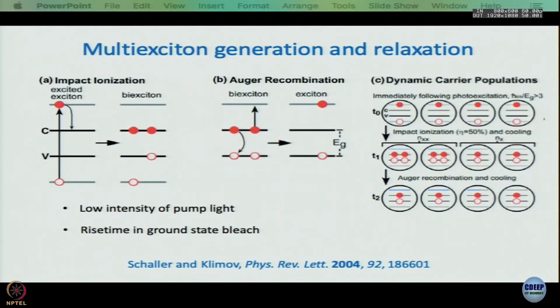What we have learned so far is that one can generate a hot exciton by promotion of the electron to a higher energy state, and when the hole is in a lower level per se, that hot electron cooling can generate biexciton, and then the biexciton can undergo Auger recombination to form regular excitons. And this would show up in a fast decay in the transient absorption when pumped at high energies.